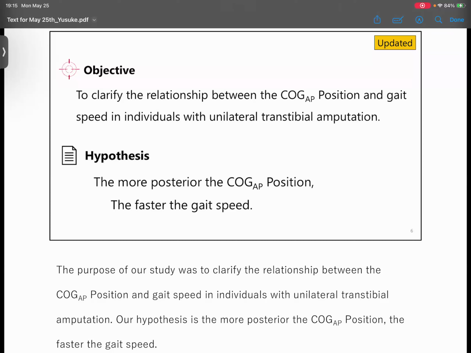Our hypothesis is the more posterior the COG sub-AP position, the faster the gait speed.